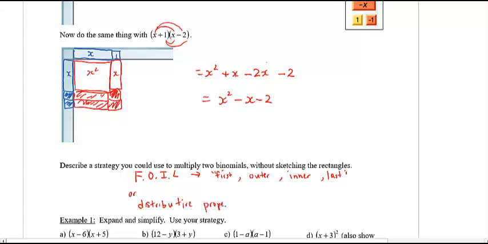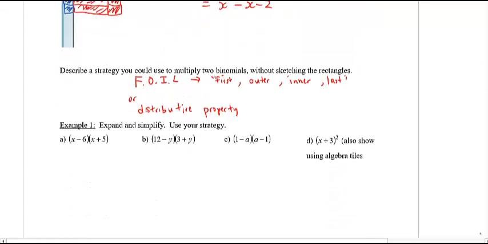This is where we're taking all the terms in the first bracket and distributing it to all the terms in the second bracket. Okay? So, whatever strategy you use, doesn't matter to me, but what I like to do is practice doing the expansion of these binomials. Okay? So go ahead, try it.